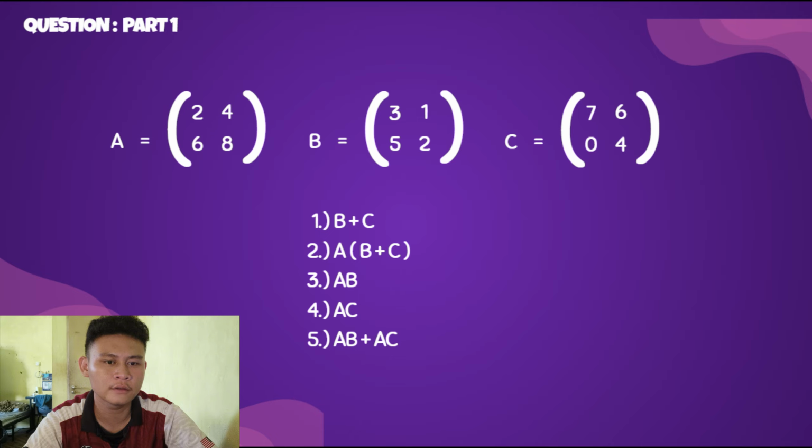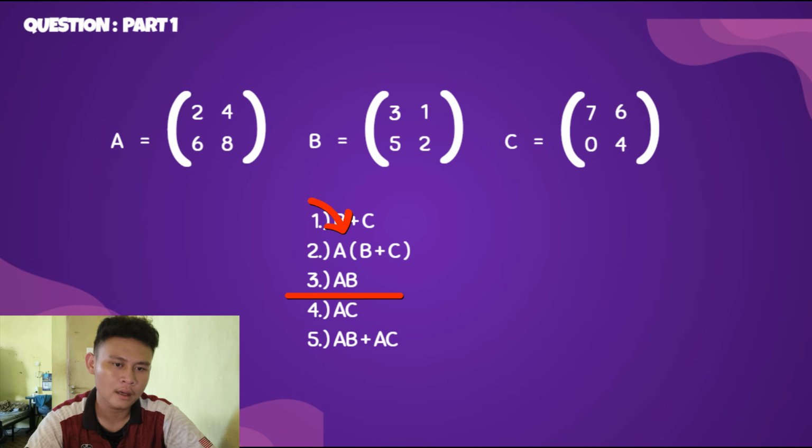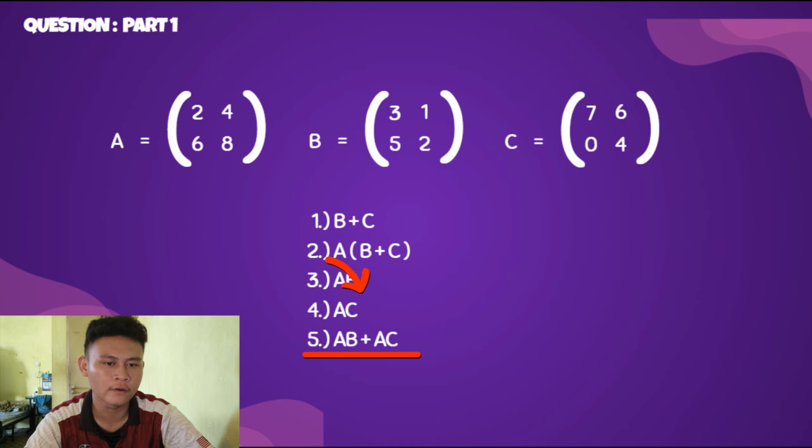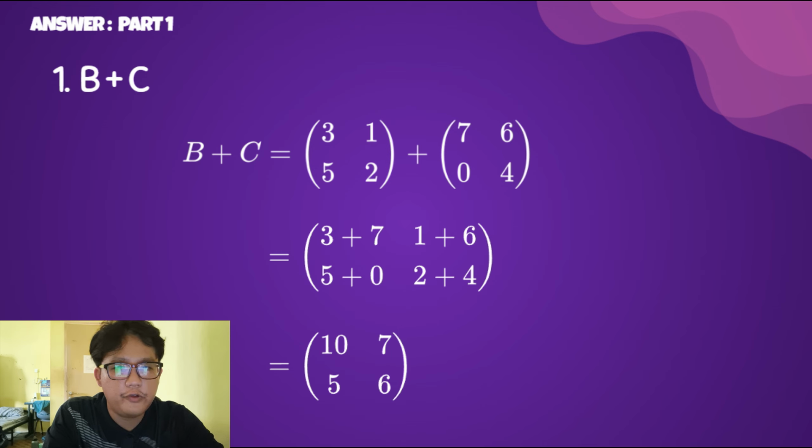First we need to find B plus C and put it in a bracket and multiply it with A. For the third one, A multiplied with B, so we're going to get the answer for AB. For the fourth one, we're going to find the answer for A and C and multiply both matrices, and we're going to find the answer for AB plus AC.